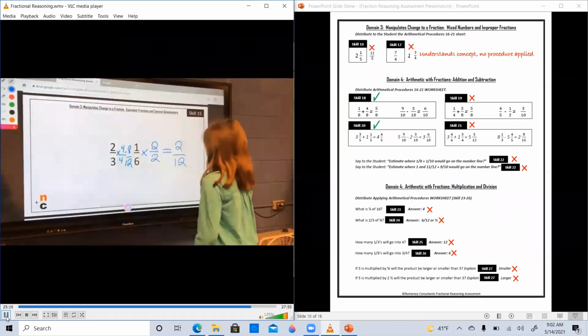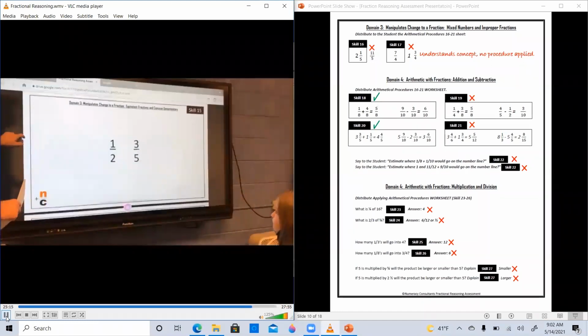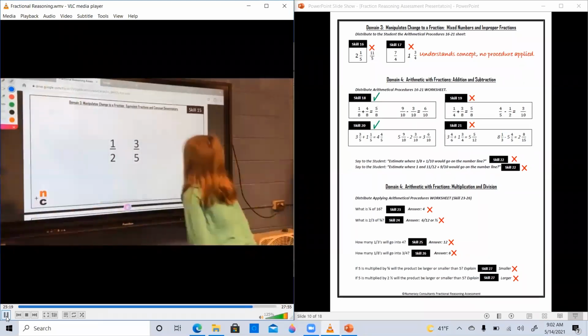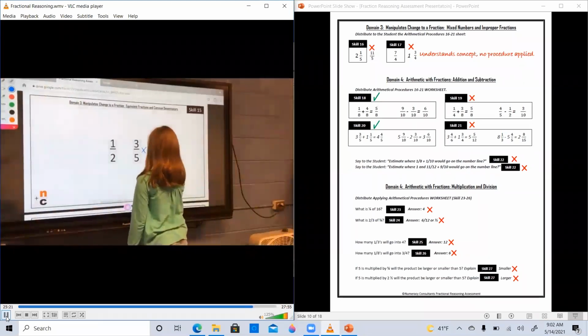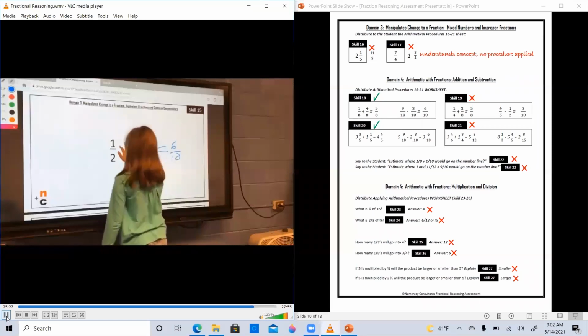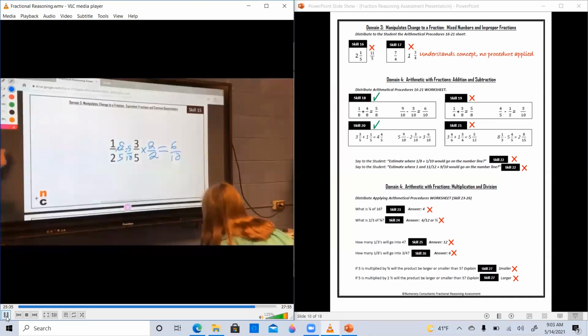So your common denominator is what number? 12. Good. Can you find a common denominator for those two numbers? And what was your common denominator? 10. Good job.